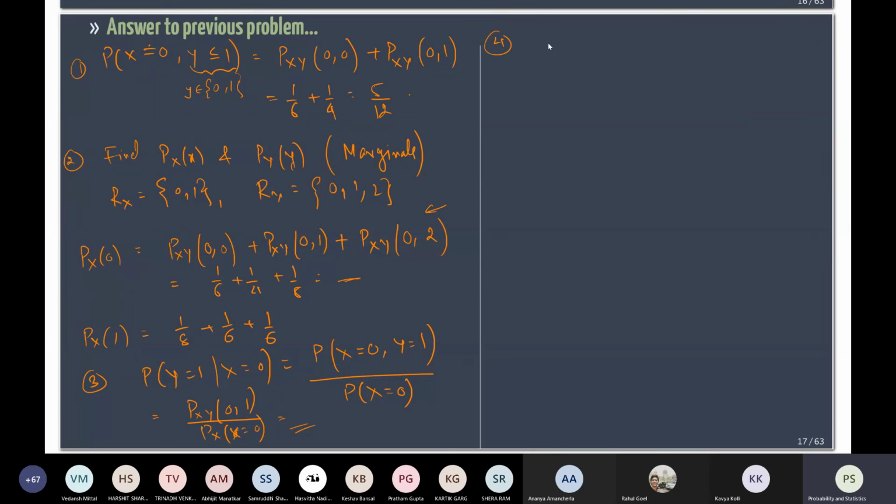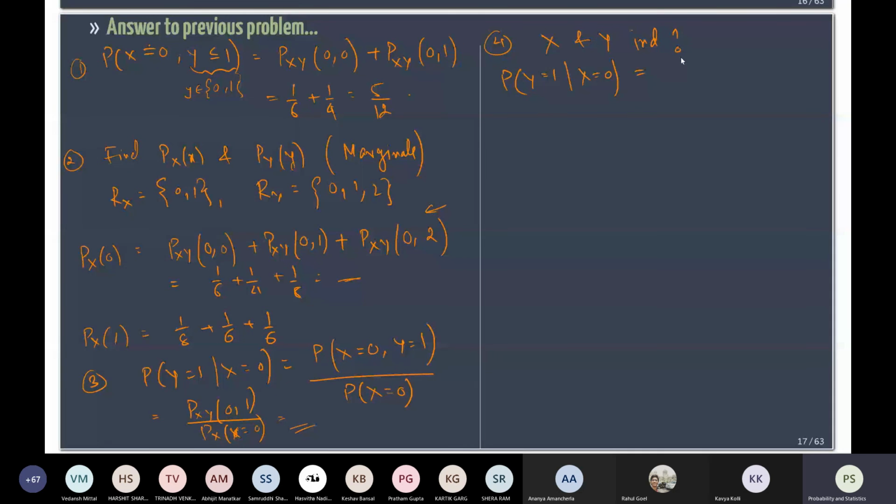The fourth one is whether x and y are independent. Let us compute some values, picking some random values.